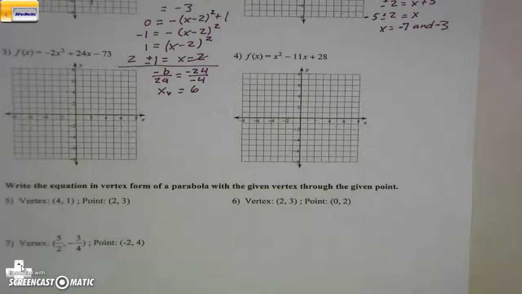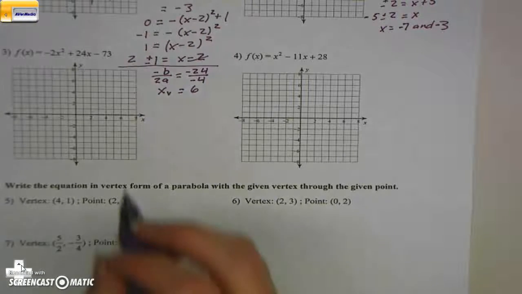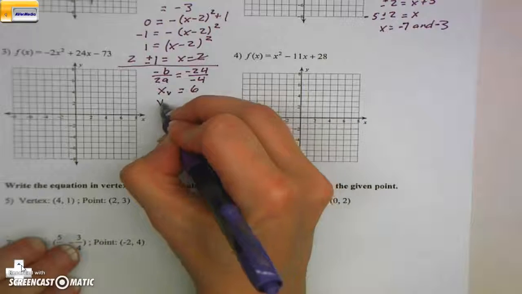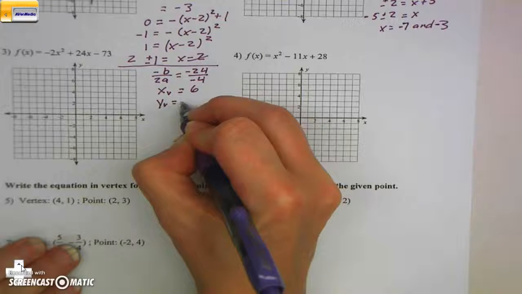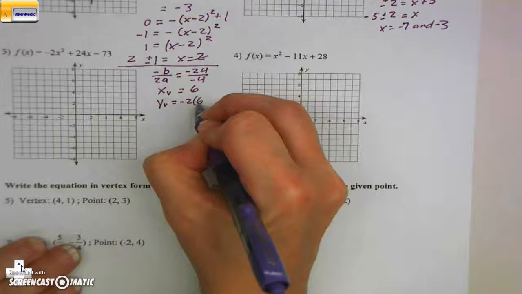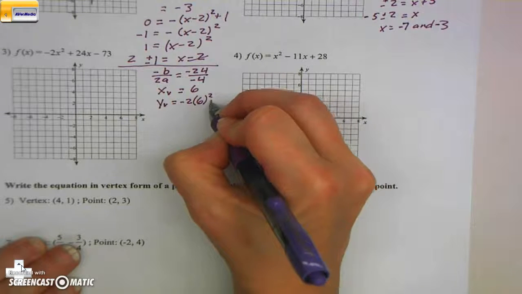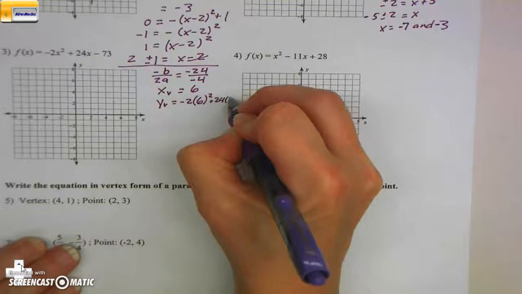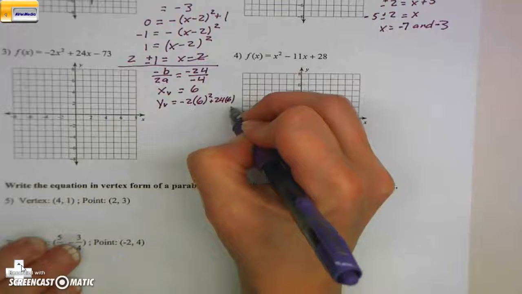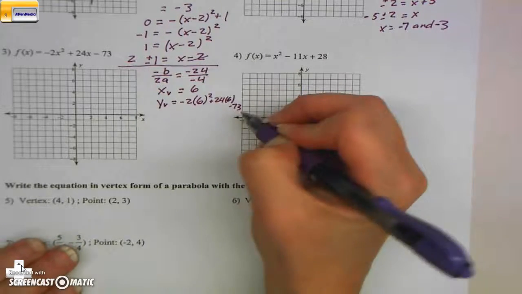How could I then find the y value for the vertex? Yeah, that would be a little bit harder, but you could do that. You might not know how high it went from there. What's another way? Yeah, plug 6 into my equation. So I know that the y for the vertex is negative 2 times 6 squared plus 24 times 6, I did not give you enough room, minus 73.